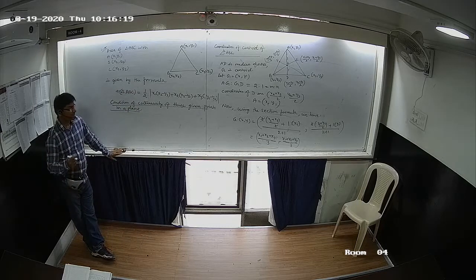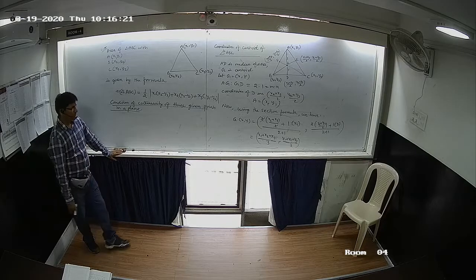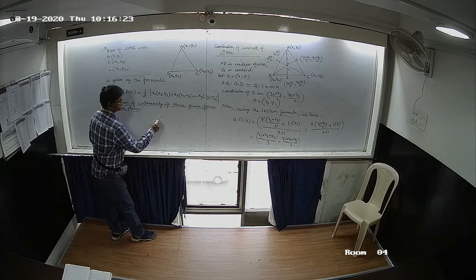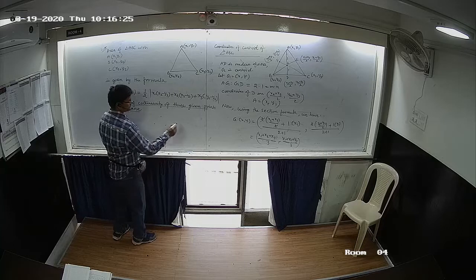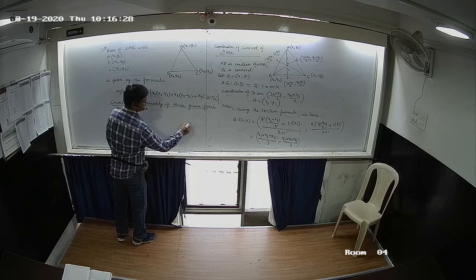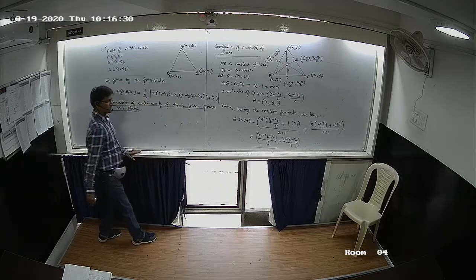If three points are given in a plane, they could be like this, or they could be like this, one after the other.